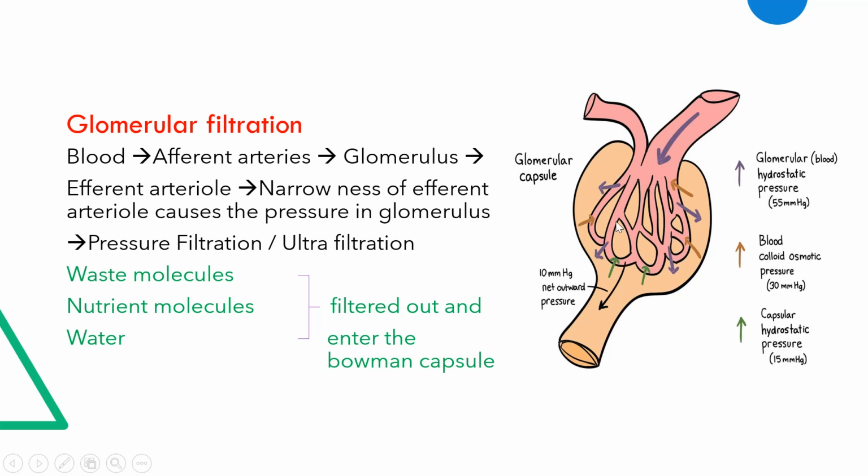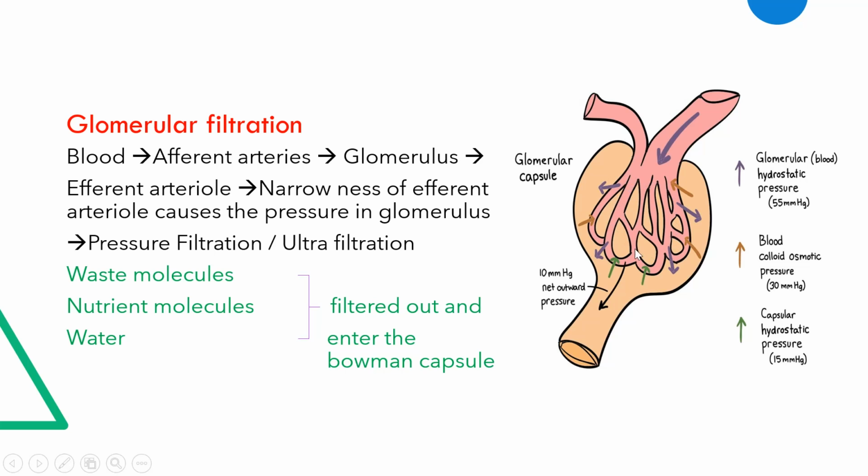From here, the blood will be sent out through the efferent arteriole. Here, the narrowness of this efferent arteriole causes pressure in the glomerulus.